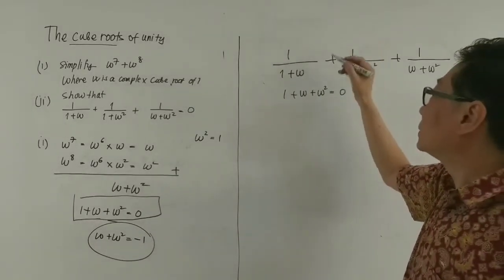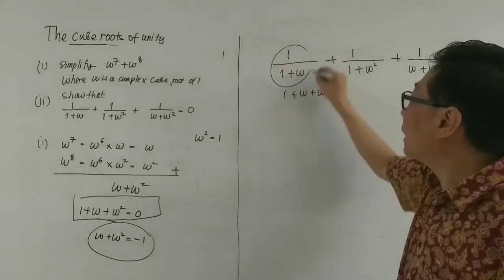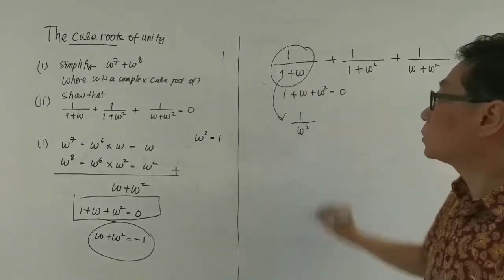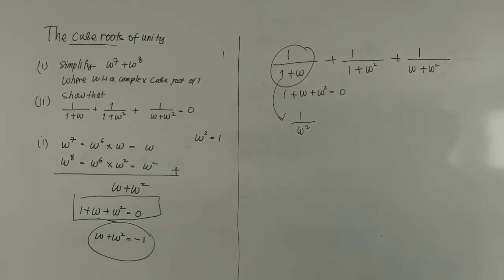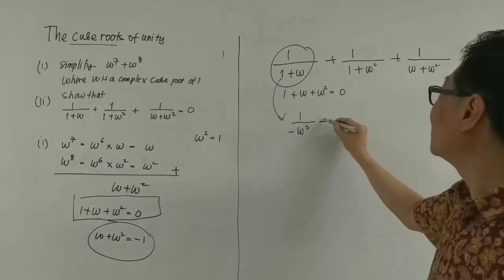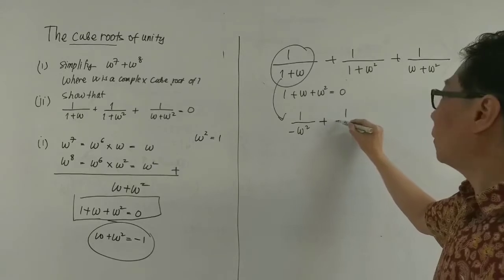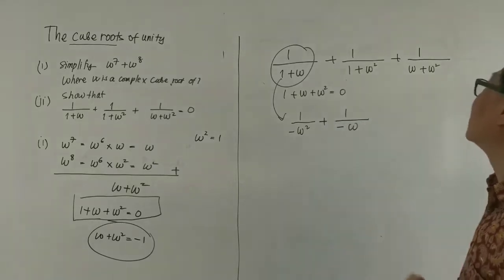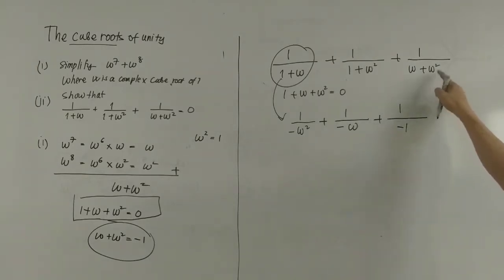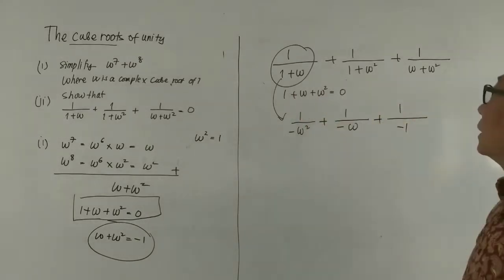So we can change 1 plus omega to minus omega squared, and this is also plus 1 over minus omega, and this is also 1 over minus 1. Okay, minus 1.